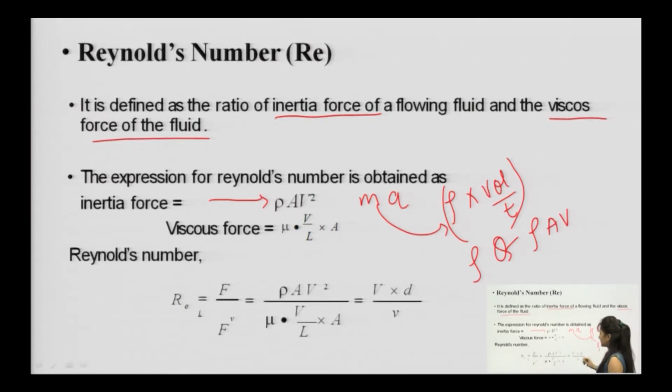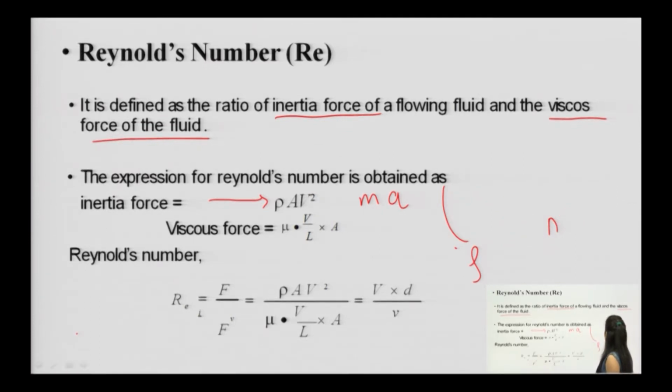And here you can see again, this inertia force, which is nothing but m into a, mass into acceleration, is given to you as density into discharge, and discharge is written as A into V, then velocity per unit time.